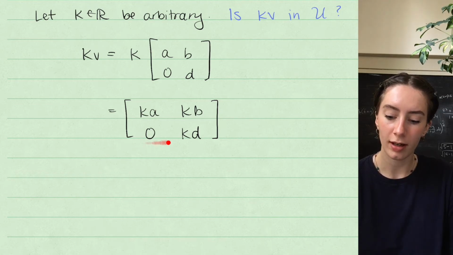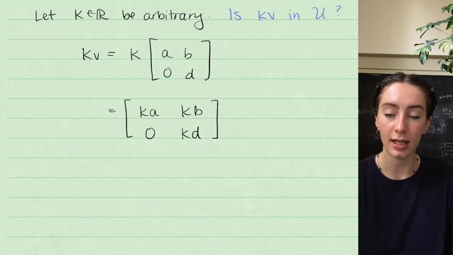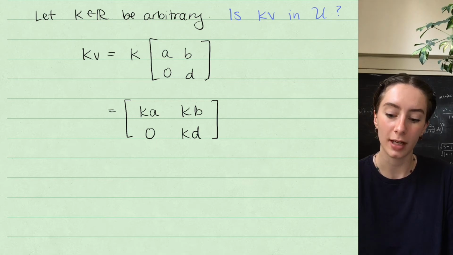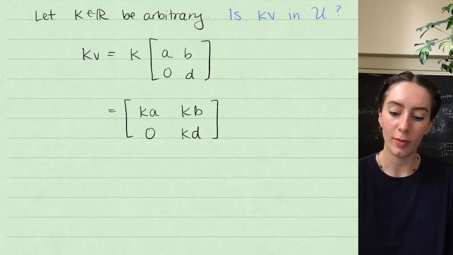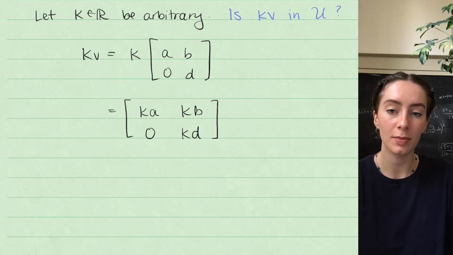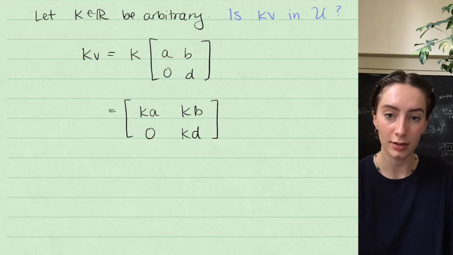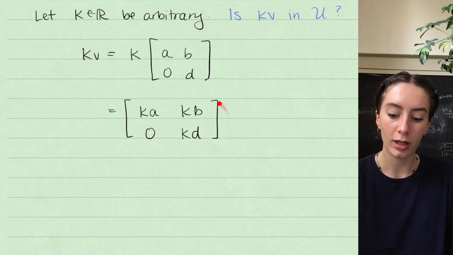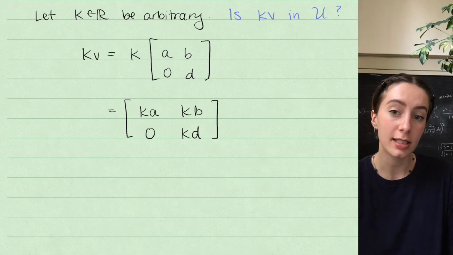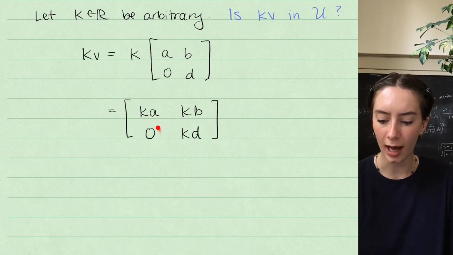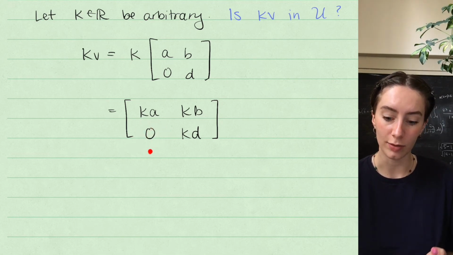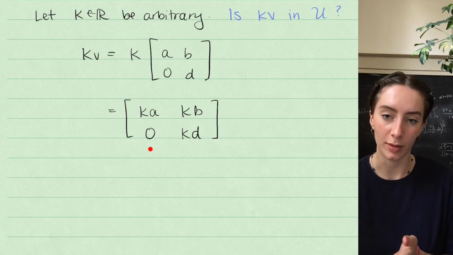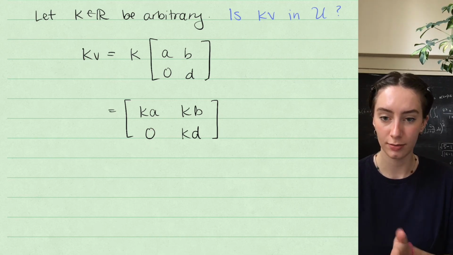So actually this set U is closed under scalar multiplication because no matter what constant we multiply any element of our set U by, we're going to end up with a new element that's still in U, because we still have the necessary condition to be in U, which is just that the third entry of our matrix is 0, right?